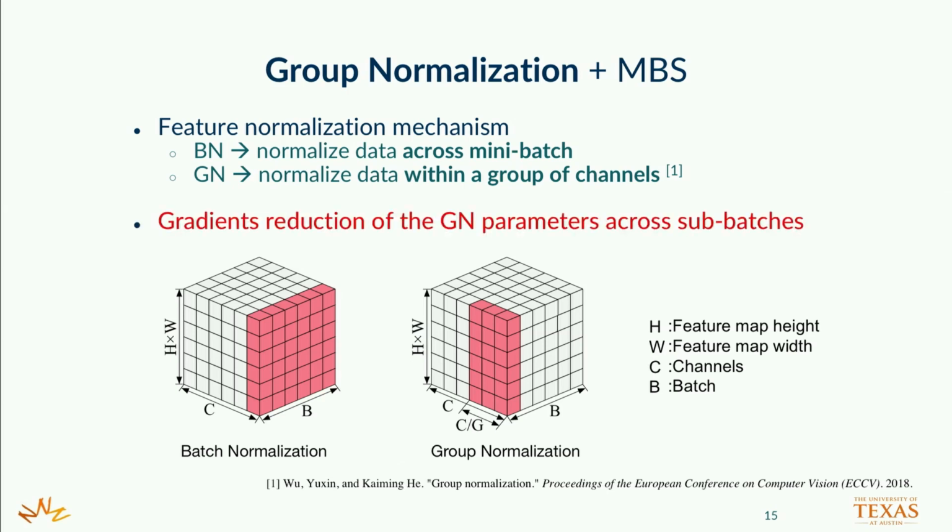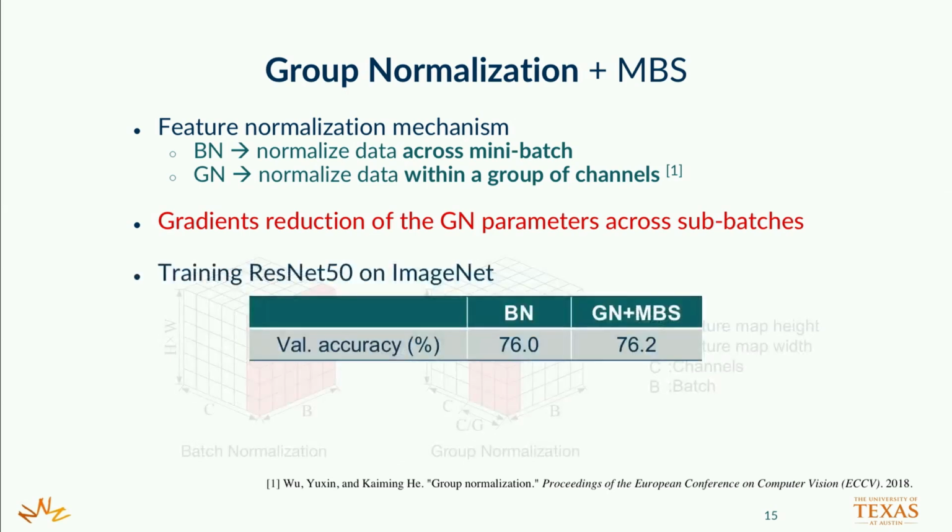To use it with MBS, it requires an additional operation, which is reducing the per-channel-group normalization parameters across sub-batches. But since their size is very small, it adds negligible performance and memory traffic overhead. We also evaluated the training accuracy using batch normalization and group normalization with MBS, and they show very comparable validation accuracy.